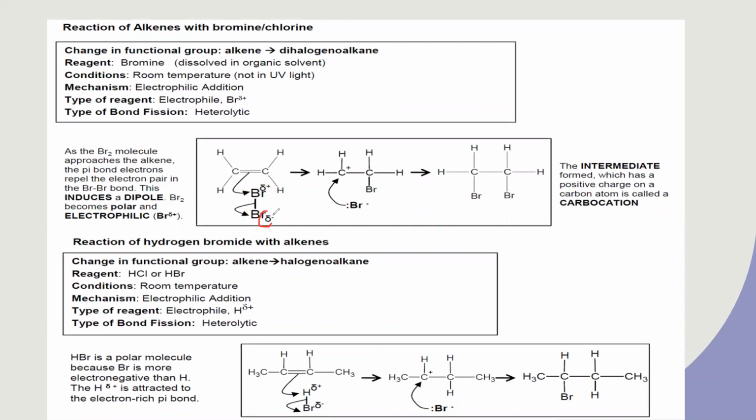One side has more electrons, so partial negative, and the other side less, so partial positive, and the pi electrons involved in the bonding are attracted toward the partial positive, and this bromine will take both electrons when it breaks the bond.